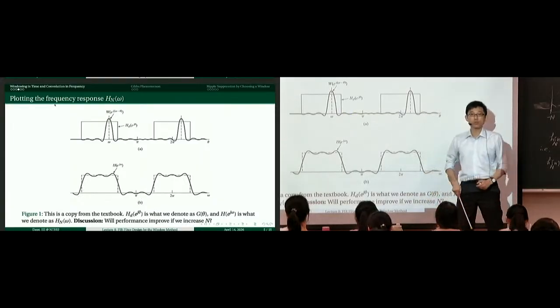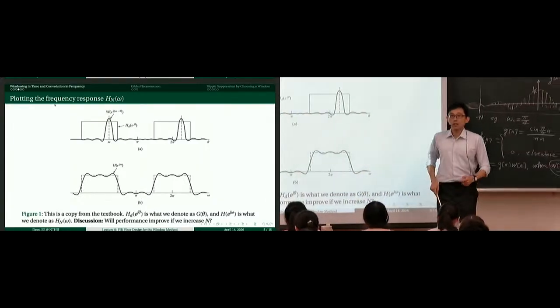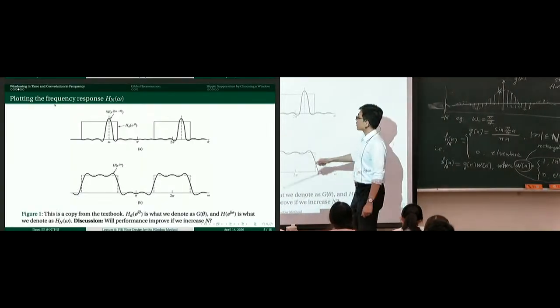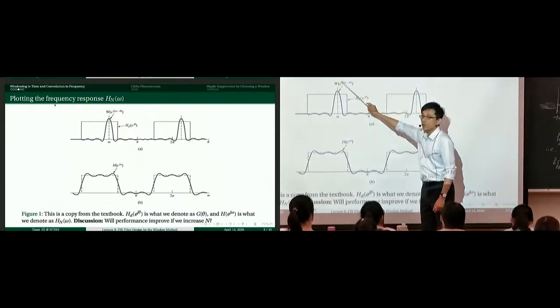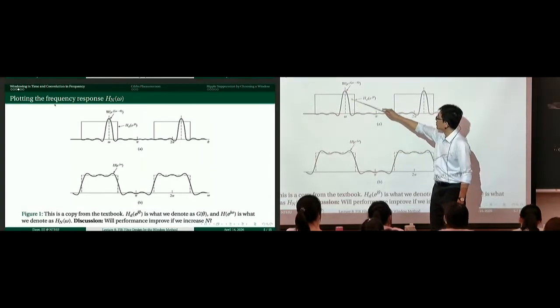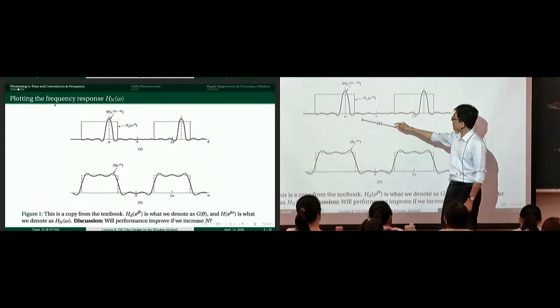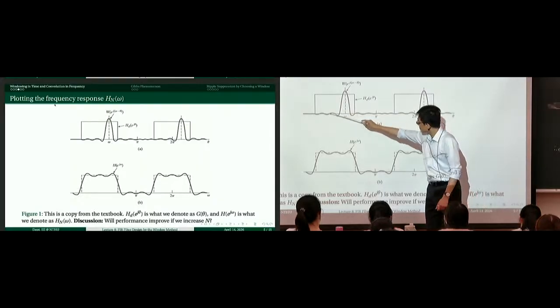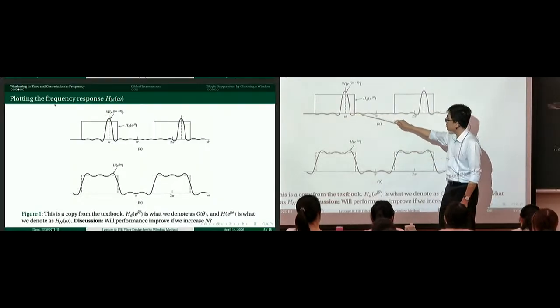That's all you need to remember. The Fourier transform of your window function generally has a middle part we call the main lobe, and some other things, ripples if you will, called side lobes.